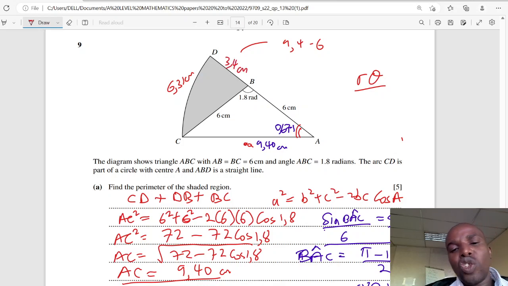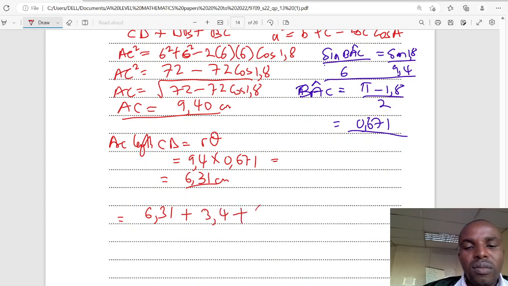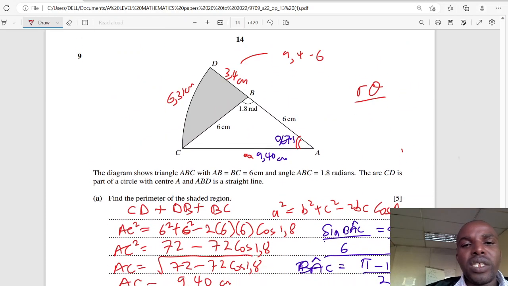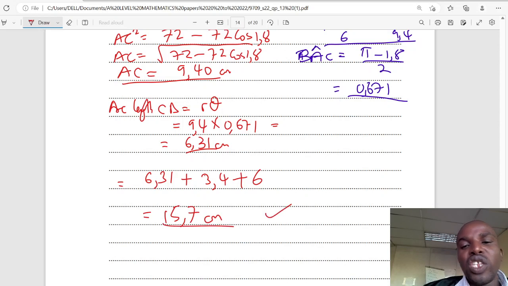So the perimeter, we have it now, is 6.31 plus 3.4 plus 6, right? Then you are done. So you can say 6.31 plus 3.4 plus 6. Then it will be 15.71 or 15.7 centimeters. So this will be the perimeter.